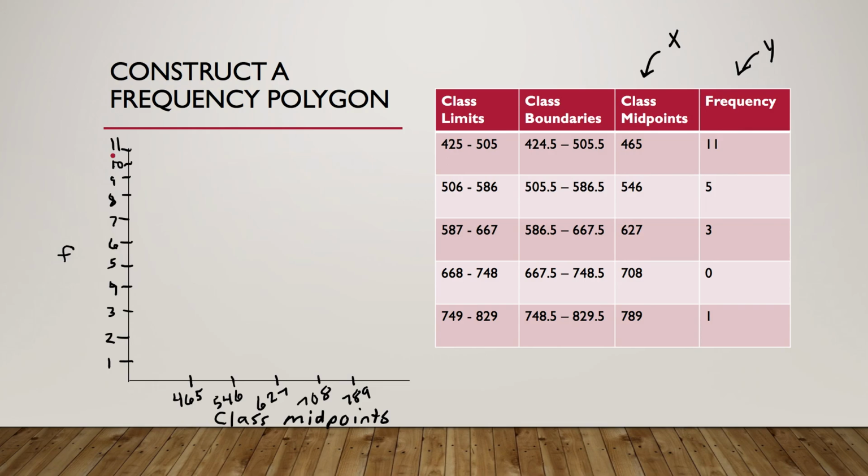And then we're going to plot points. So our first point is going to be above the 465, and it's going to be up at 11. Our next point above the 546 will be at 5.